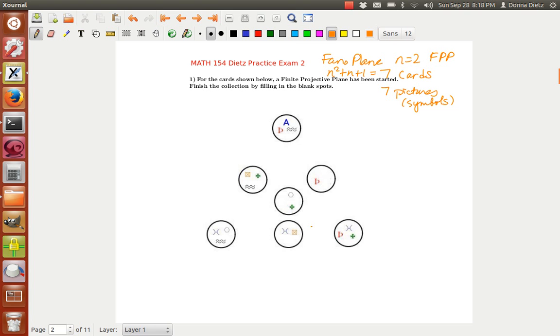Okay, and so what are the 2 rules we know, the cardinal rules for a finite projective plane of any order? And since we're using cards, we can say points and lines, but let's word it in terms of cards and symbols, okay?